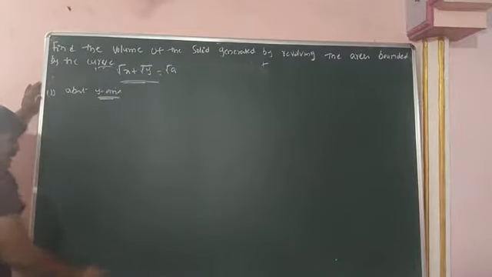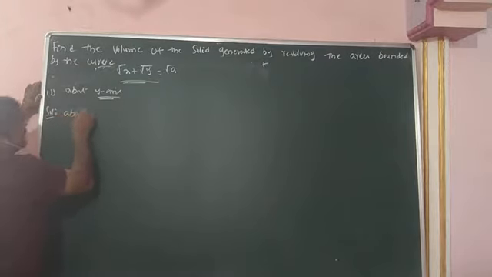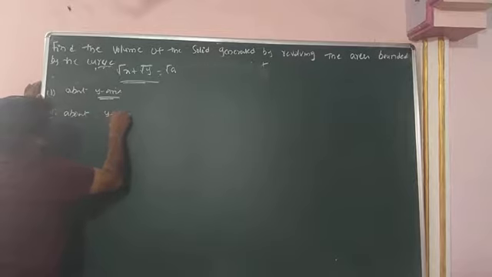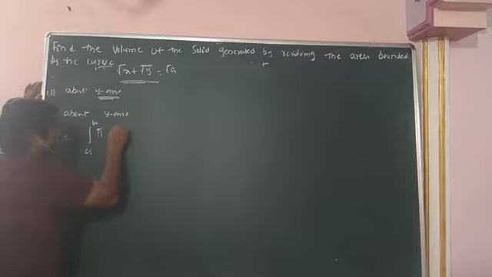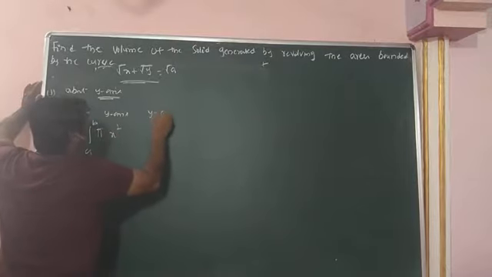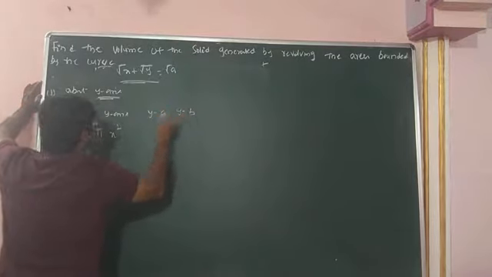Okay. So about the y-axis, the value is equal to integration from a to b of pi x square dy. The y equal to a and y equal to b are the limits.